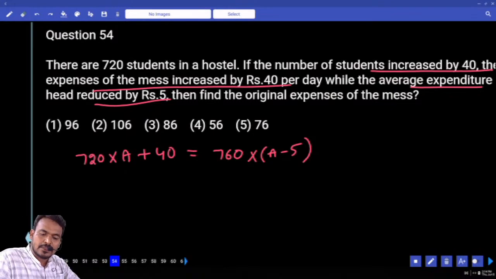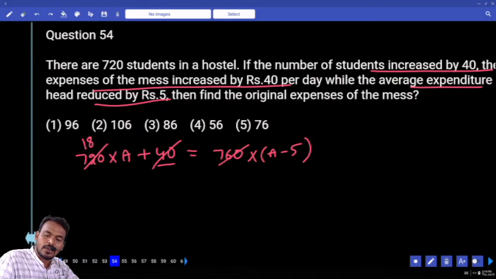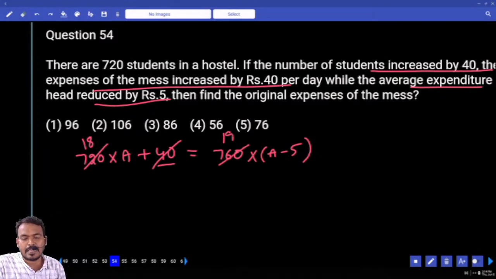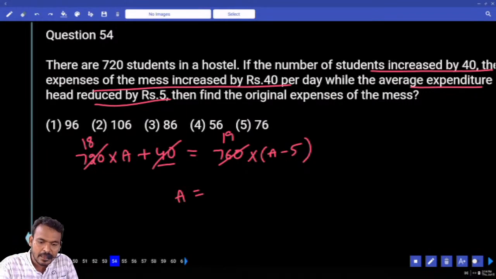Okay. But expenses are increased by how much? 40. 40 ones are 40, 18 times 40, 19 times, so left hand side 18A, right hand side 19A. What is the difference value? A equals 19 into 5, which is 95.